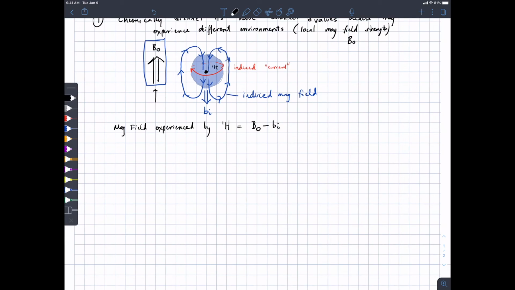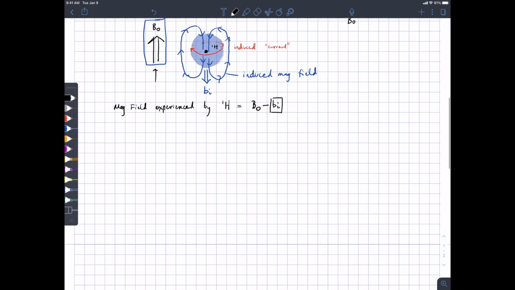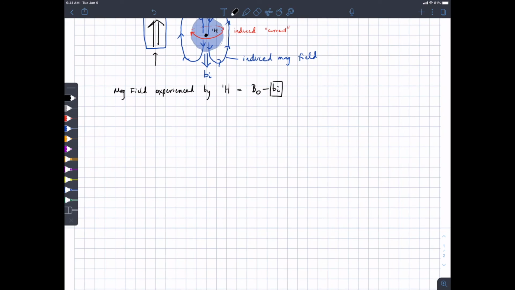We're not going to ever measure that induced magnetic field, but conceptually what that means is protons that are in electron-rich environments tend to generate larger induced magnetic fields in opposition to the external magnetic field. And therefore, protons in electron-rich environments don't experience as much of the external magnetic field. They are said to be shielded from it, and they will resonate at lower frequencies.